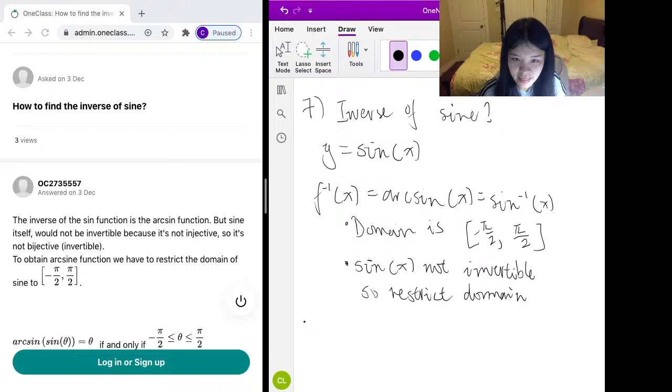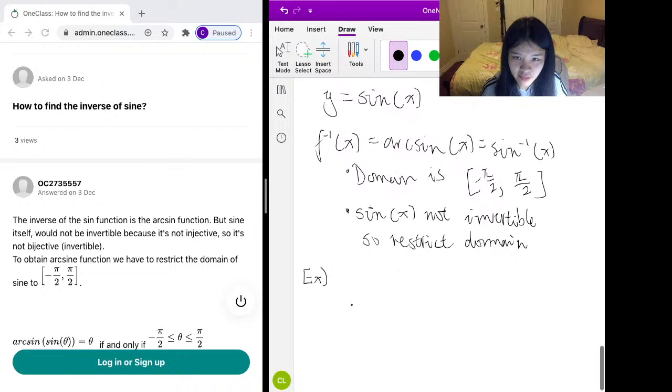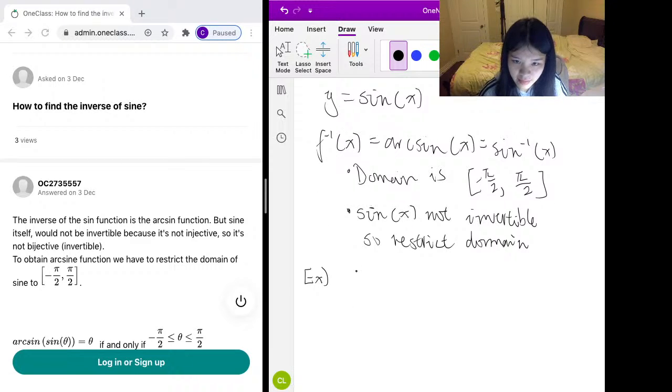Now let's look at an example where we try to find the inverse of a sine function. Let's again use a special triangle. Root 2, 1, 1 is a right angle triangle, and the angle right over here is pi over 4.